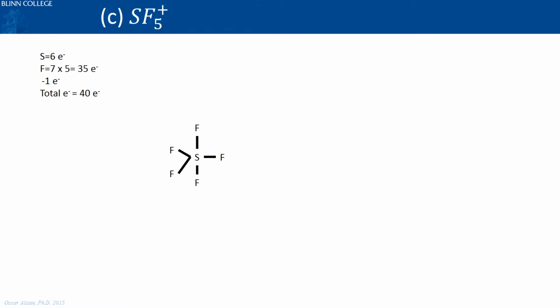Again, we will then connect all of our bonds from our auxiliary atoms to our central atom. Remember, there are 2 electrons in every bond. Now that we've used 10 of our 40 electrons, we have 30 left, which luckily for us again is enough to complete the octet rule on the rest of our fluorines.